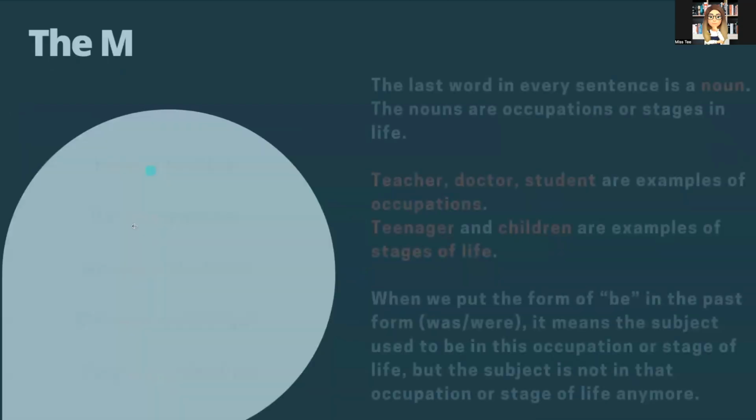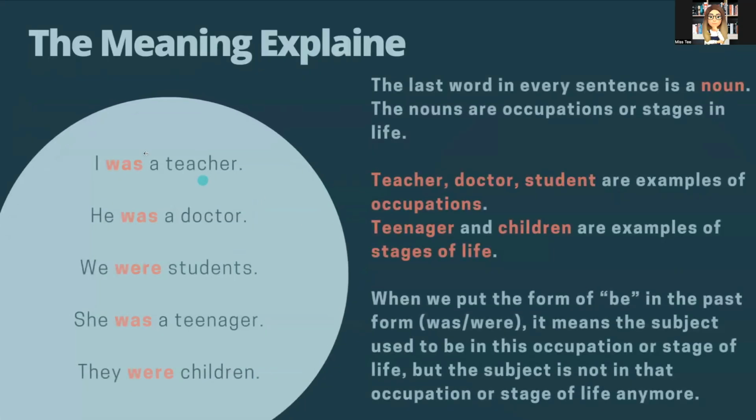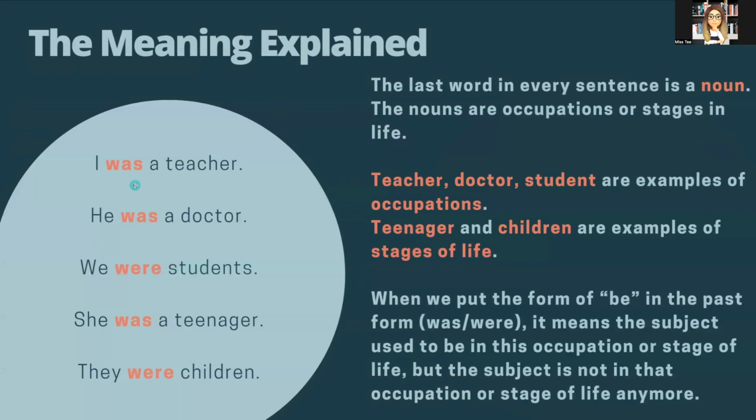Let's look at these sentences. So I was a teacher. So we're following this. The last word in this sentence is a noun. And the noun represents jobs, which are also occupations or stages in life. And so that's what these words mean.